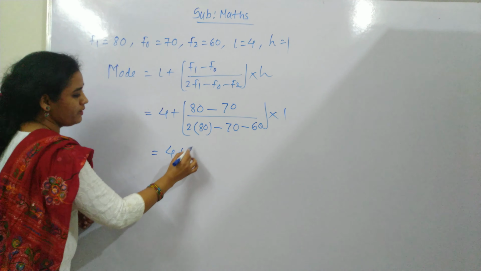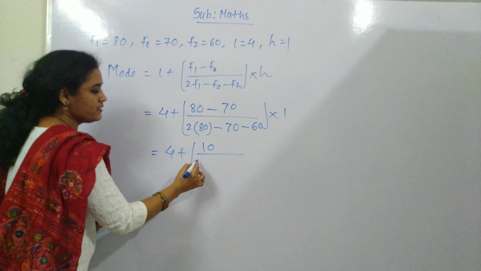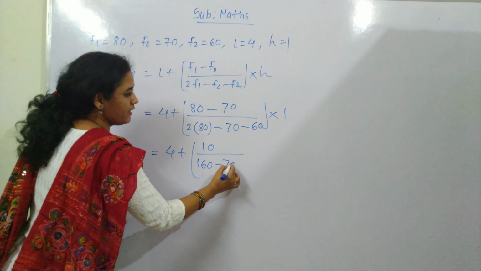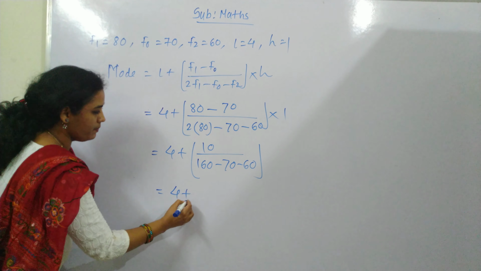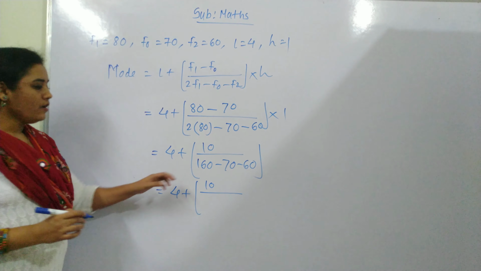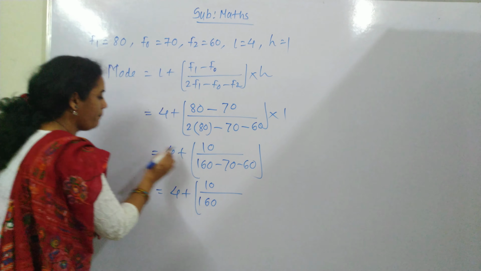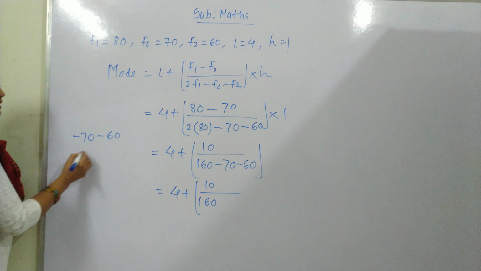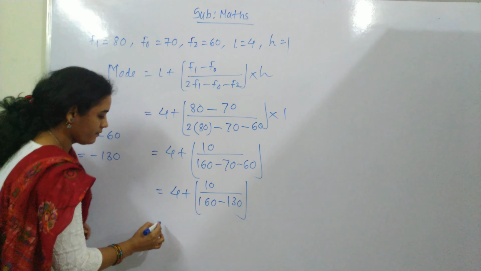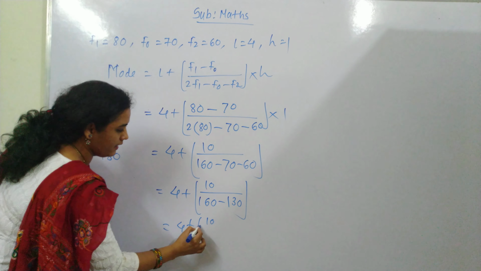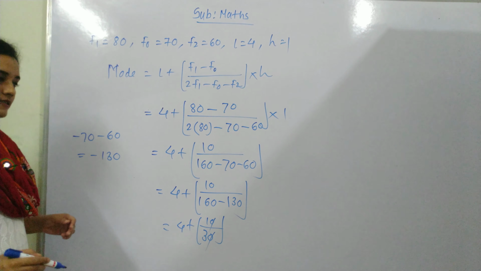This is equal to 4 plus (80 minus 70, that is 10) upon (2 eights are 16, so 160 minus 70 minus 60). 160 minus 70 minus 60 is equal to 30. So 4 plus 10 upon 30, the zeros get cancelled.